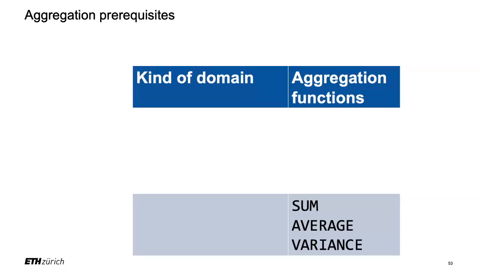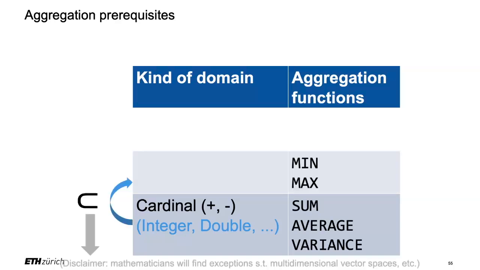So basically, you can classify the aggregation functions based on the domains. For example, if you want to do the sum of the numbers in the same group or the average or the variance, you need to have numbers because you need to be able to sum over them and to divide for the average, right? So that only works with integers, doubles, you know, all the numeric values. For the min and the max, you don't necessarily need numbers.